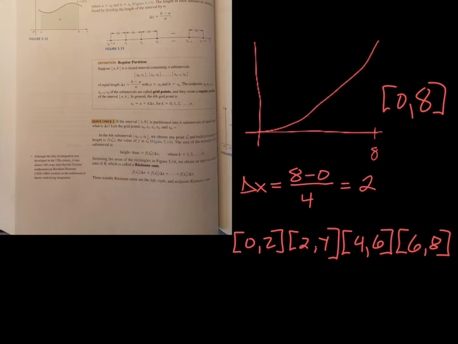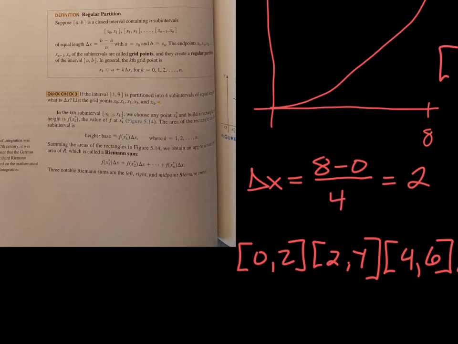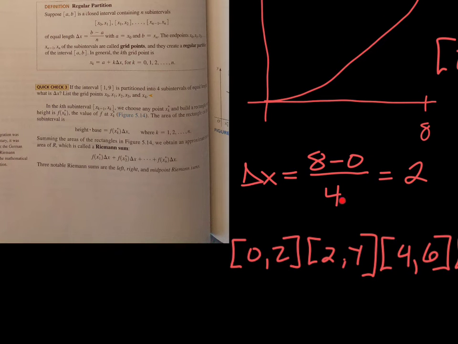So now let's say you're sitting there watching this and you're like, okay, I want to know where the third grid point is. Again, you can't pick a number bigger than this. It wouldn't make any sense.